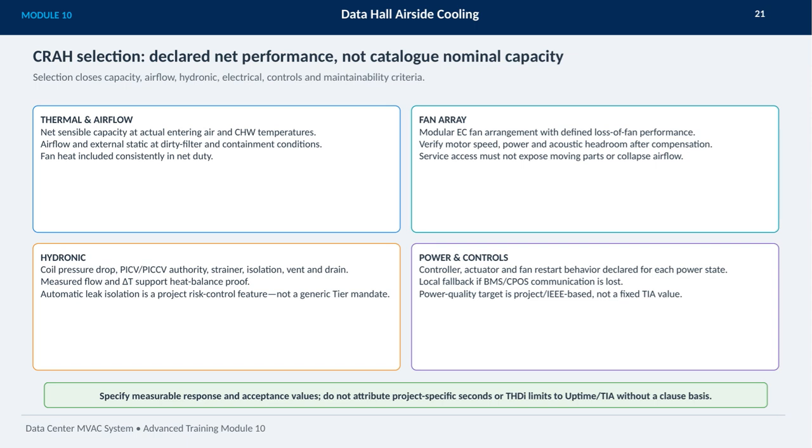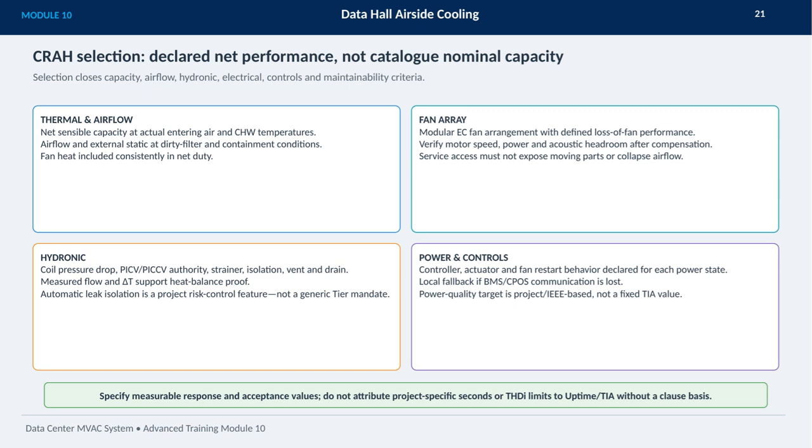Starting with thermal and airflow considerations, we evaluate net sensible capacity at actual entering air and chilled water temperatures, factoring in airflow and external static pressure under dirty filter and containment conditions, while consistently including fan heat in the net duty calculation. For the fan array, a modular EC fan arrangement is specified with defined loss of fan performance. It is crucial to verify the motor speed, power, and acoustic headroom after making compensation adjustments. Additionally, service access should be designed to avoid exposing moving parts or causing airflow collapse.